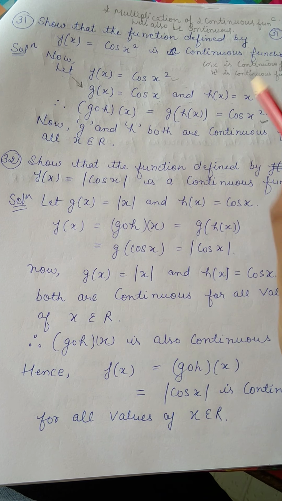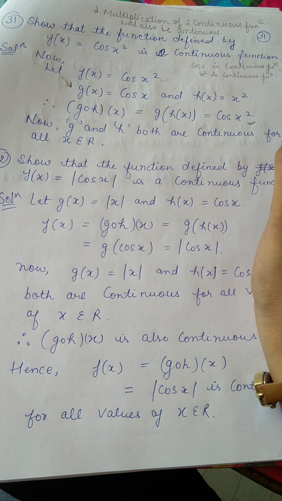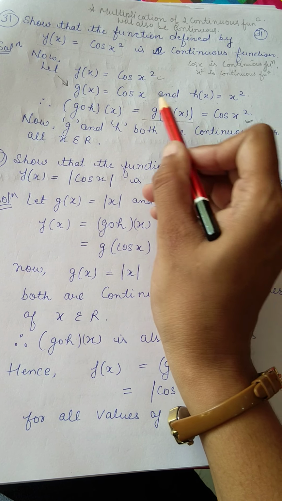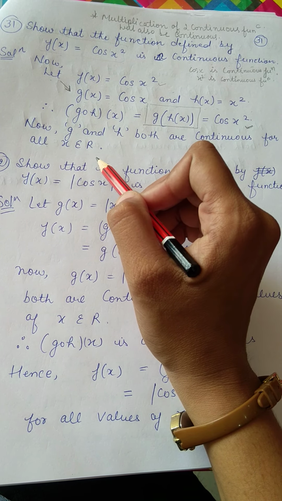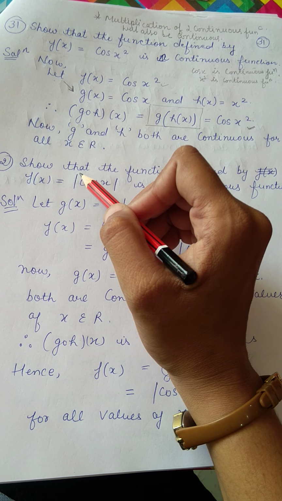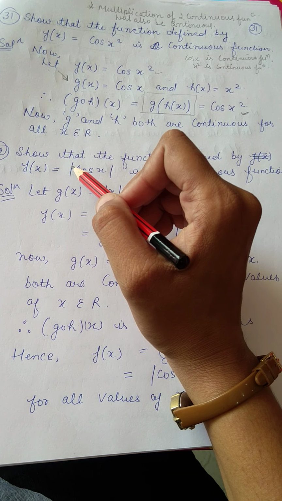So, as I have written here, this is a continuous function and this is a continuous function. Then finally the function obtained by multiplication of these two functions will also be continuous.